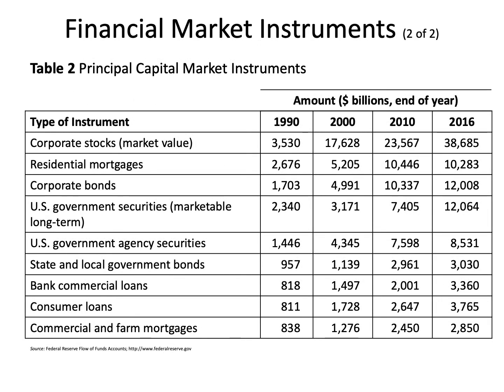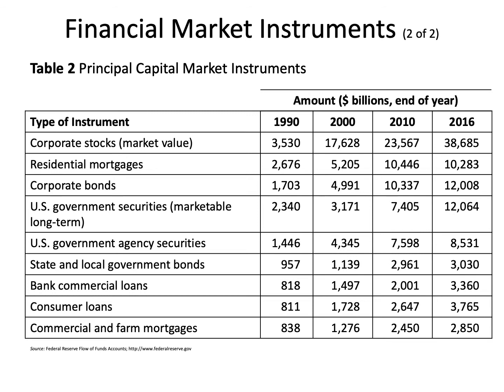Capital market instruments. Here let's look at the principal ones. Again, growth from 1990 to 2016. In the United States, corporate stocks would be the largest market, 38 trillion. Corporate bonds, 12 trillion.